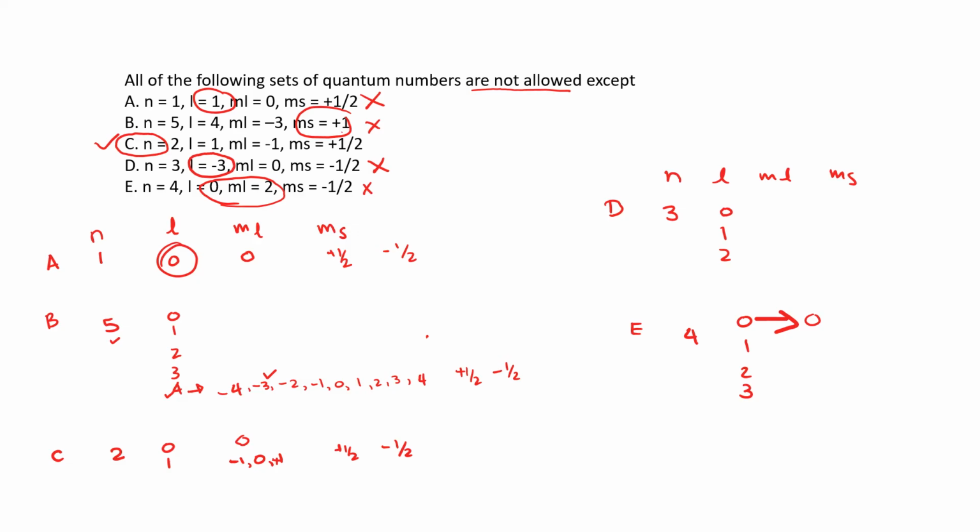E, l equals 4, that means you can have l values 0, 1, 2, 3. When it is 0, you cannot have an ml of 2. The only ml you can have is 0. So this is not the correct answer as well. So you are going to pick your correct answer as C.